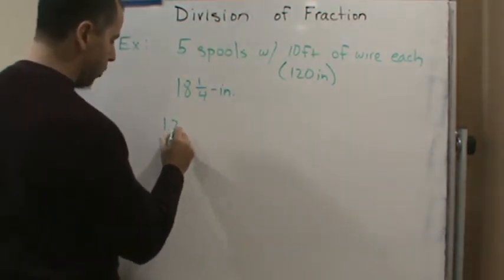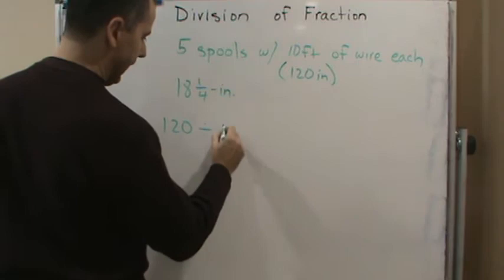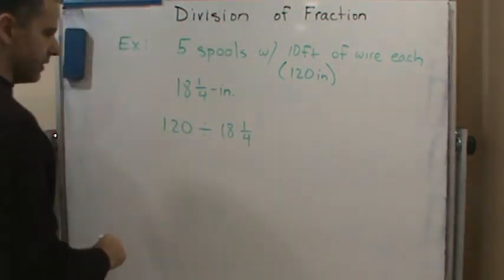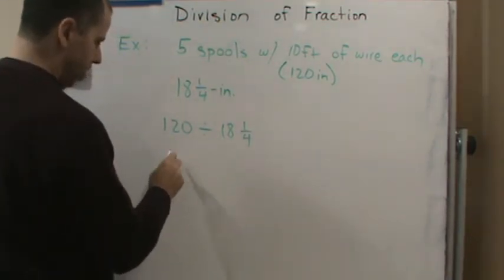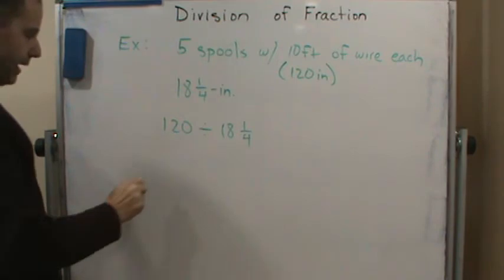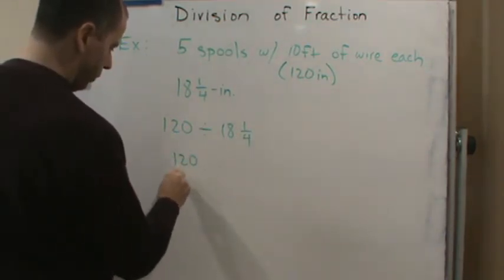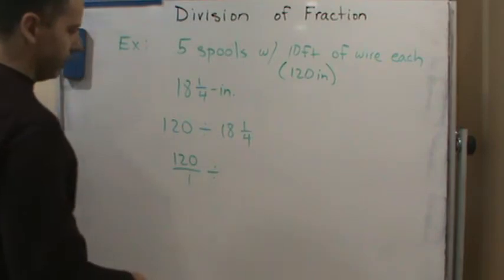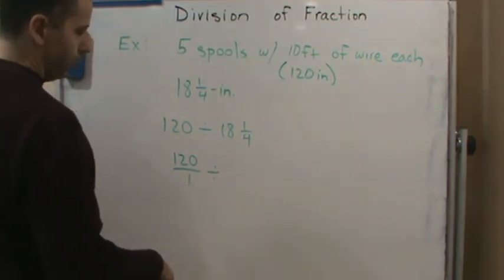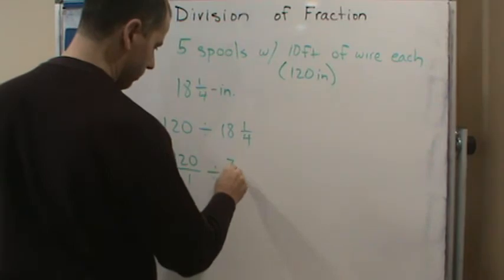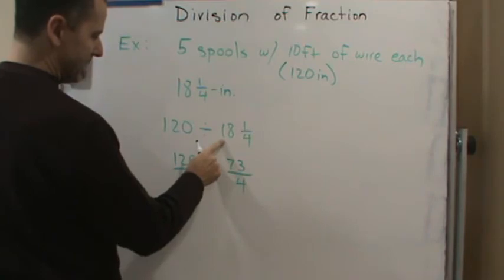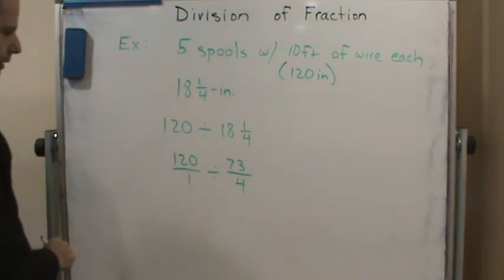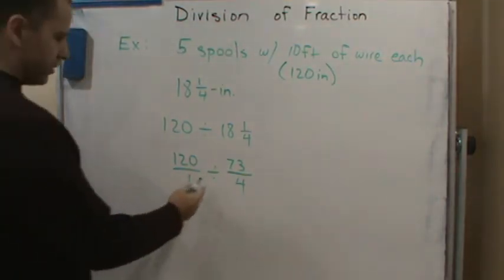So I'm going to do 120 divided by 18 1/4. Now here's the thing, I got to change this mixed number to an improper fraction, and I got to change this to a fraction. So this would be 120 over 1 divided by 73 over 4, right? So I multiply 4 times 18, that's 72, plus 1. Now, I'm going to change this to a multiplication problem.